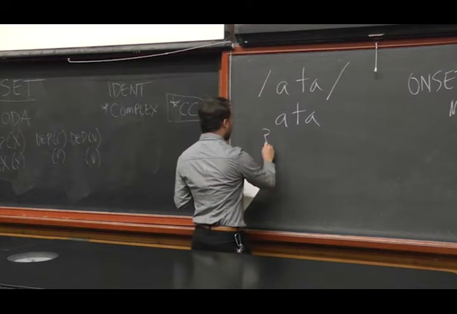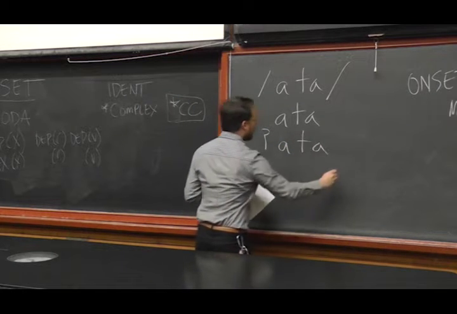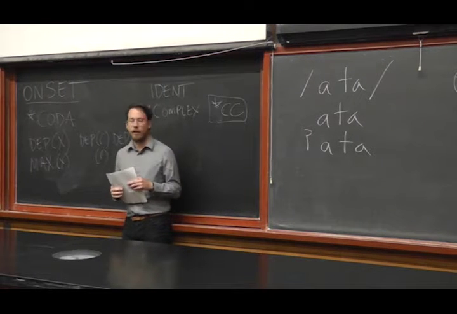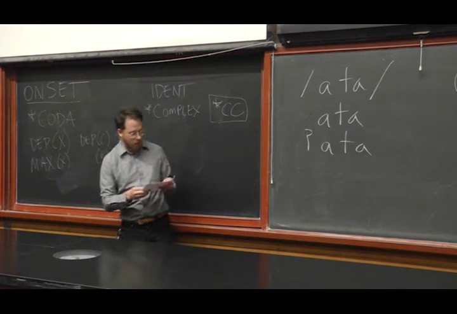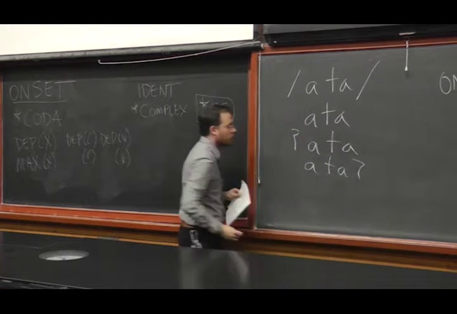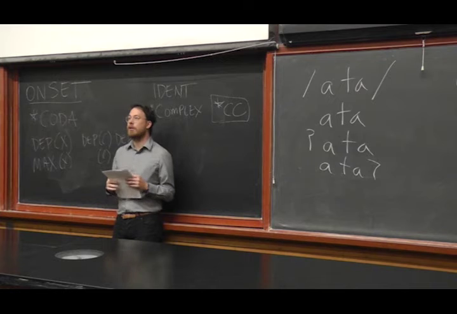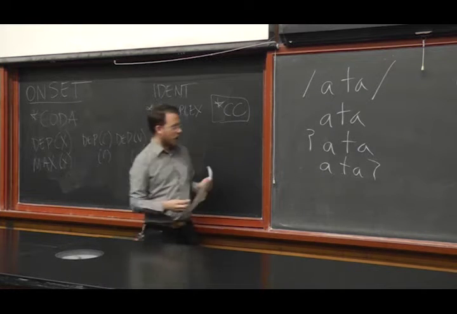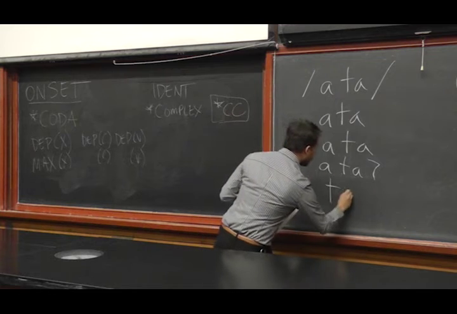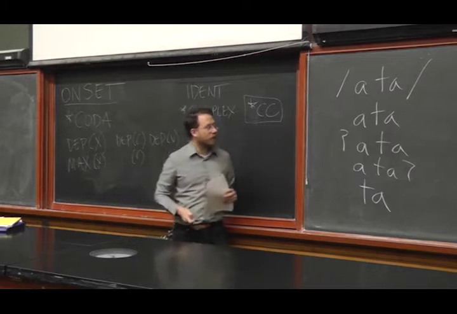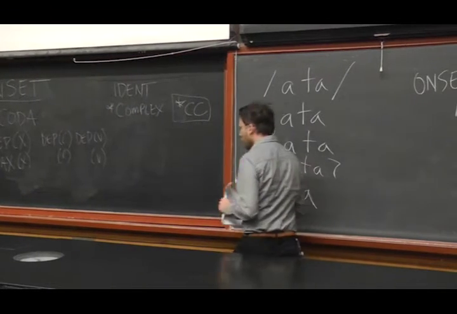Another one that we can have is inserting a consonant. So here we insert a glottal stop. Maybe we also want to insert one at the end. So these are all plausible outputs for this. And say we also want to do ta in these cases. So we have these 4 specific outputs.